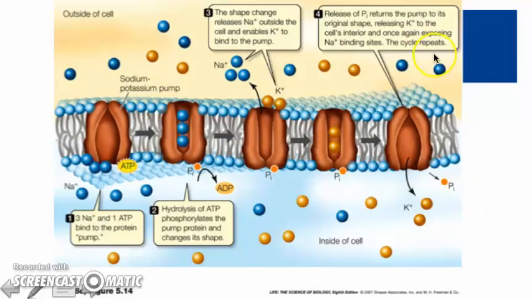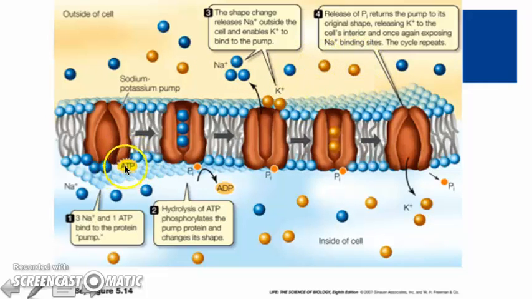We'll now review in more detail the processes and functions of the sodium-potassium pump, also known as the sodium-potassium ATPase. We can see here in this diagram the sodium ions in blue and the potassium ions in orange.